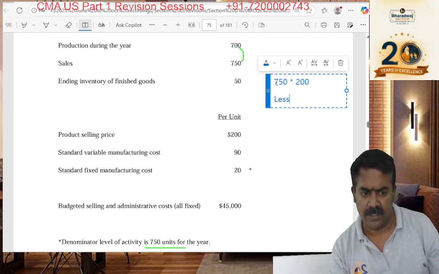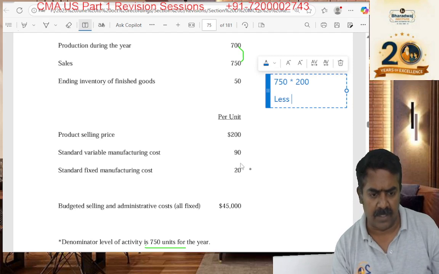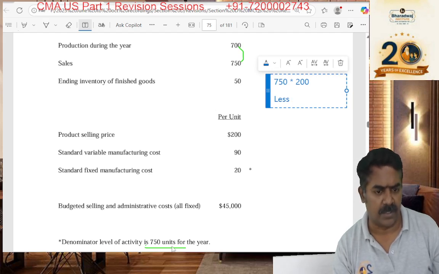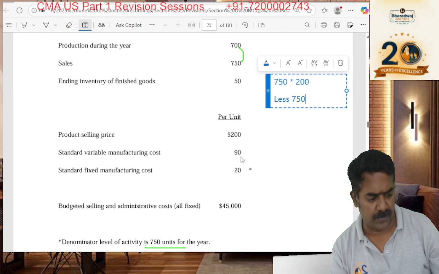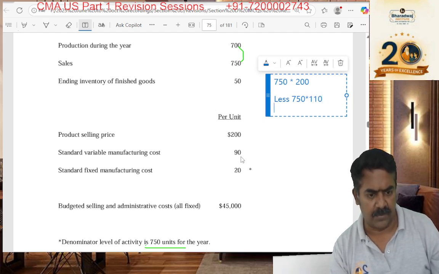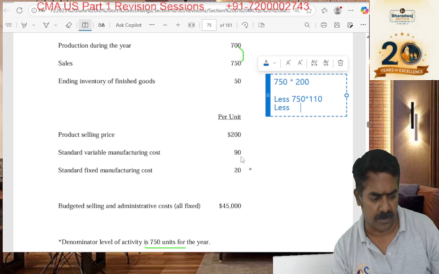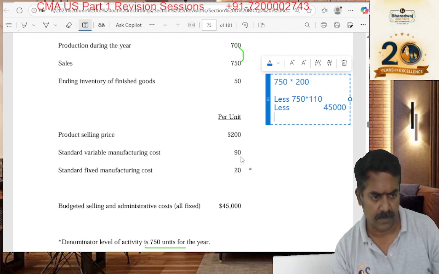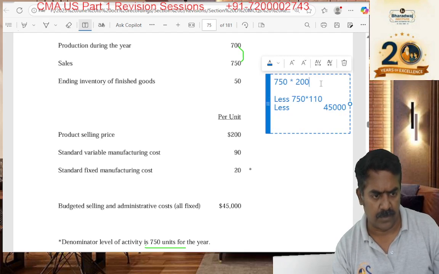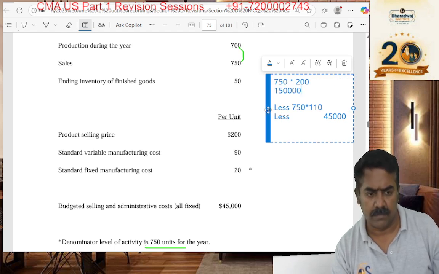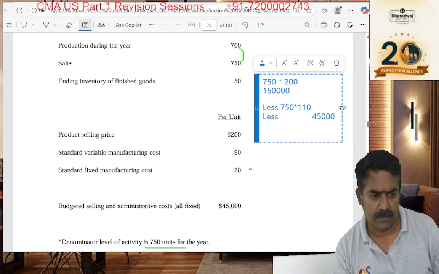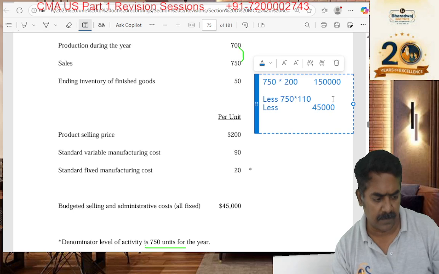We'll take both standard variable and fixed cost, because its denominator is 750 units per year. So this absorbed and actuals are same. 750 into 110, less your fixed 45,000. 750 into 200 will give us 1,50,000. Then this is 82,000.